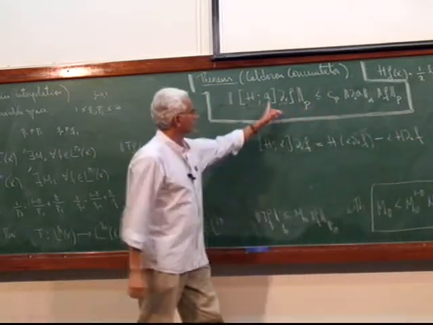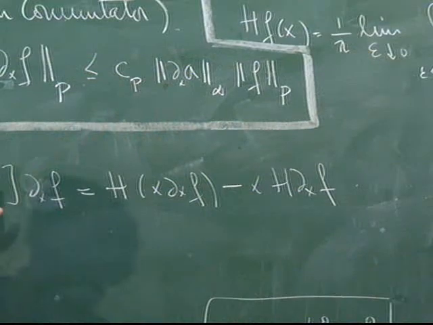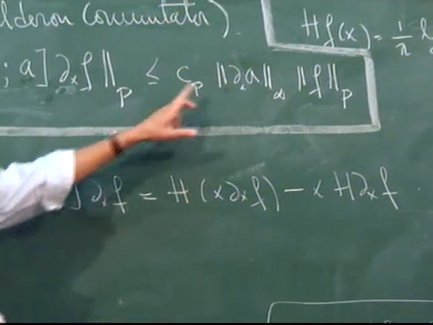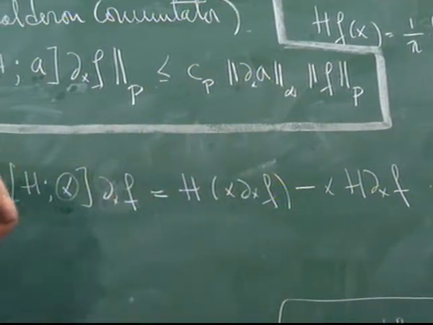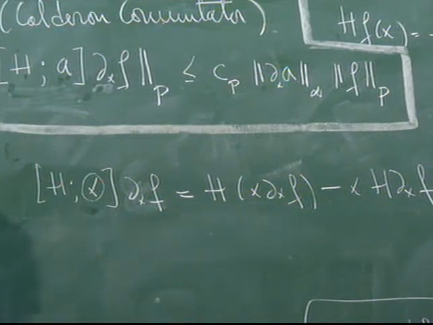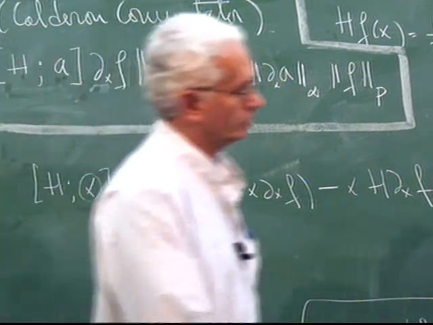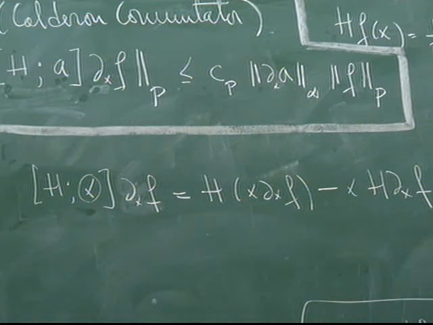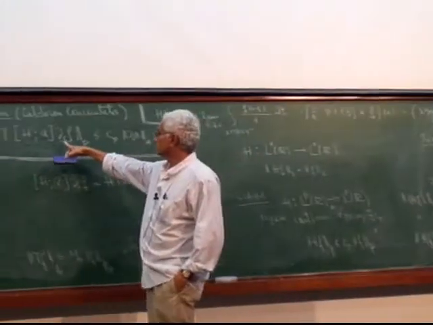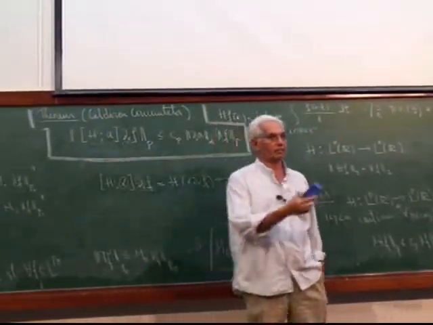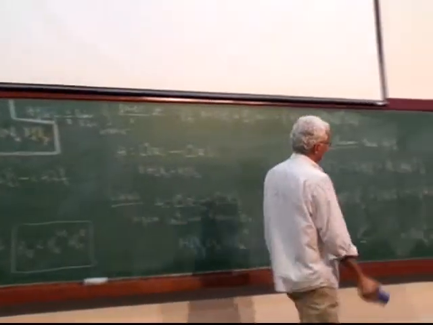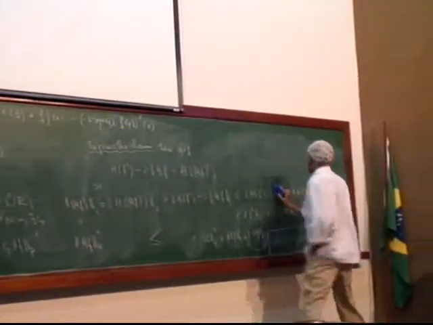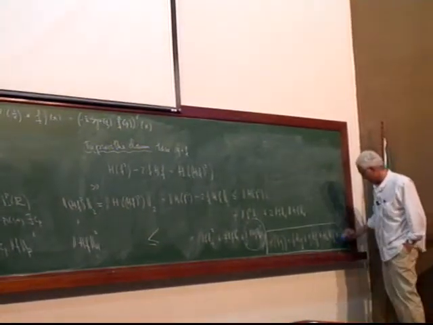Compute that. I mean, you only need that the derivative of A be bounded. You see that in this case, you have 0. They really commute. Okay, this is something that we will use when we justify some of the steps that we will do in the next class.